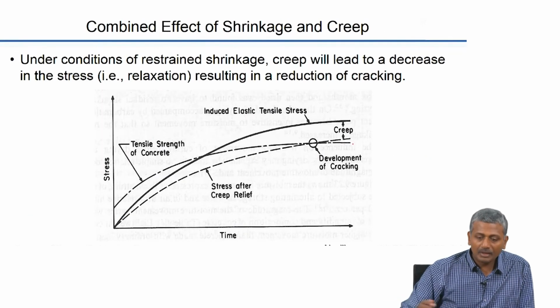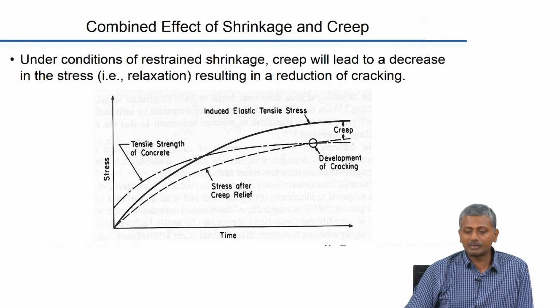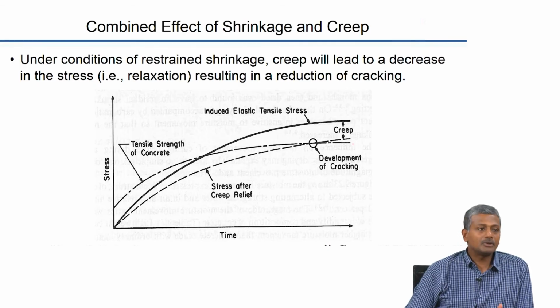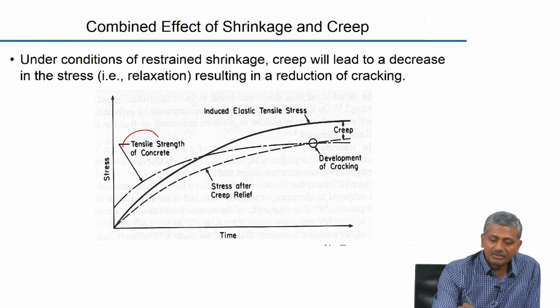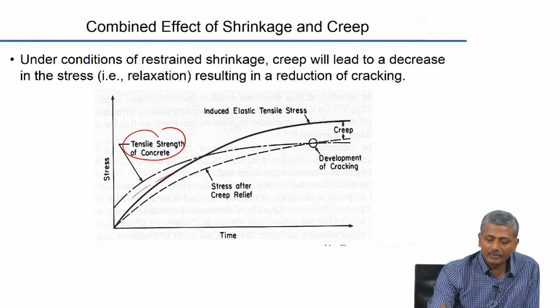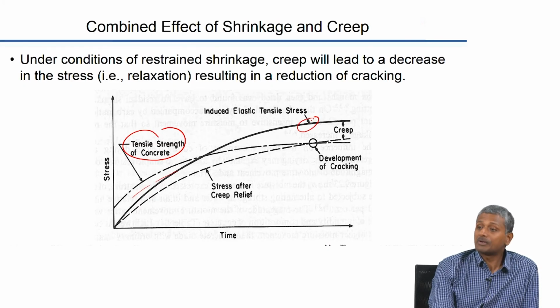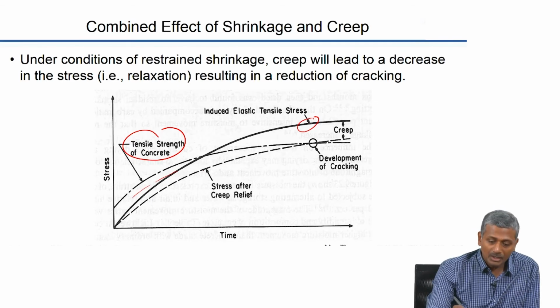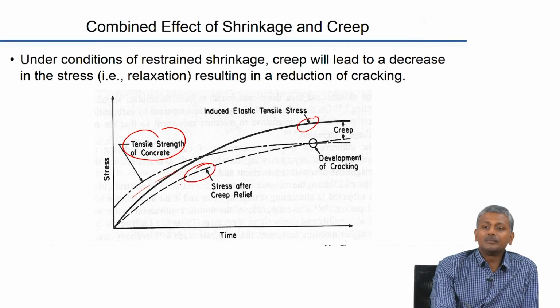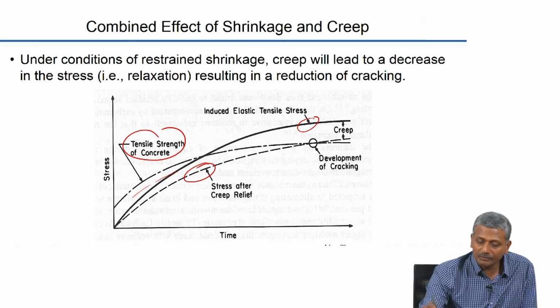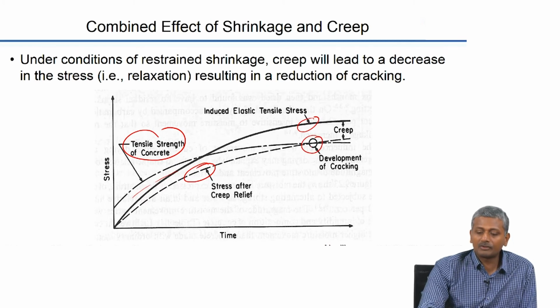If you look at the example of a flexural member, the shrinkage and creep acting in combination will produce a more positive effect. If this is the development of the tensile strength of the concrete, and that is your induced elastic tensile stress, then because of the creep relief that is happening because of shrinkage, your actual stress in the material will be much lower, and this lower stress will extend the time it takes for cracking to develop.